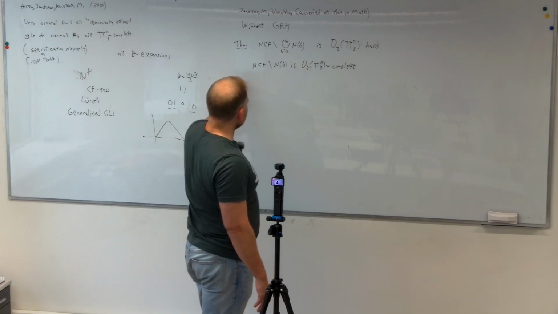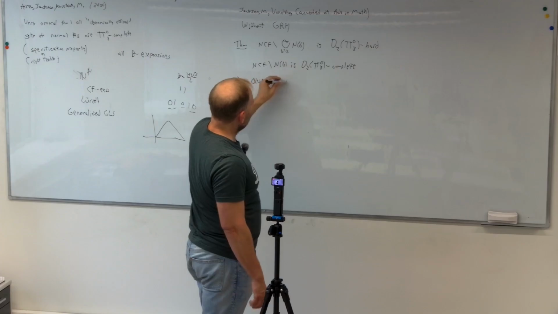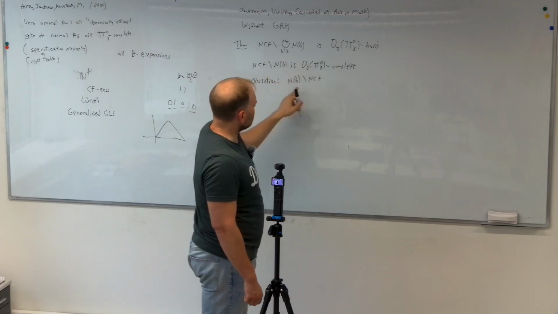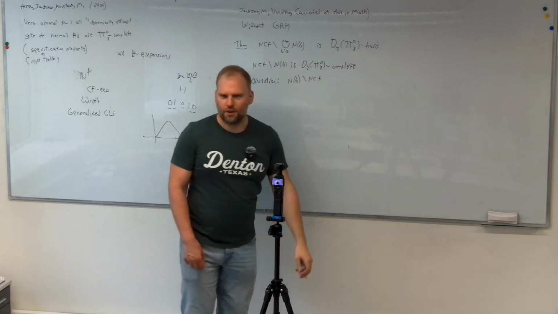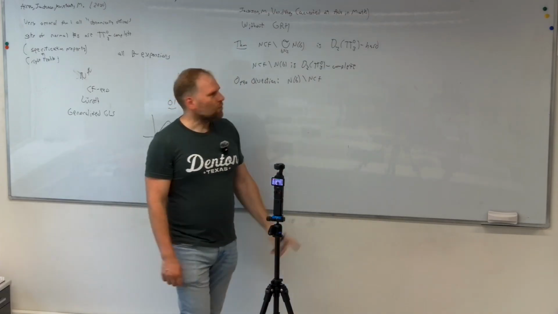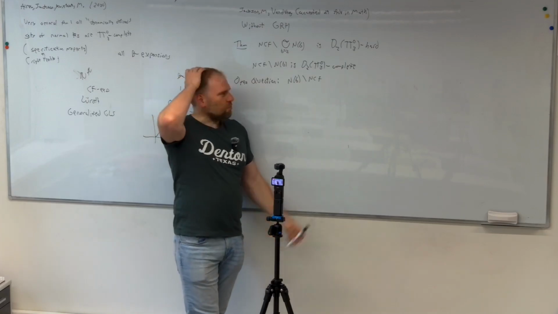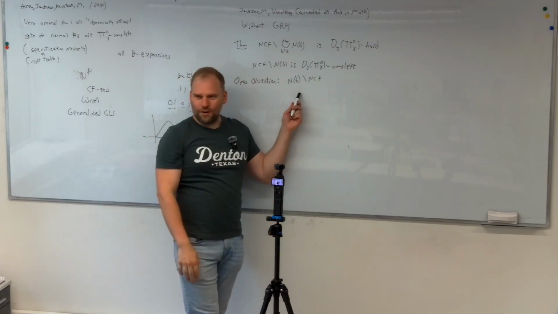And here's, let's say, an open question. It may be very, very hard. What about N(B) minus NCF? So this is the set of numbers normal in base B that are not continued fraction normal. You just flip the direction, but this may be very, very hard.